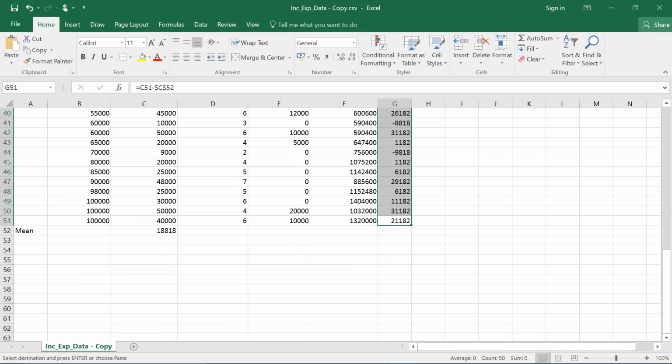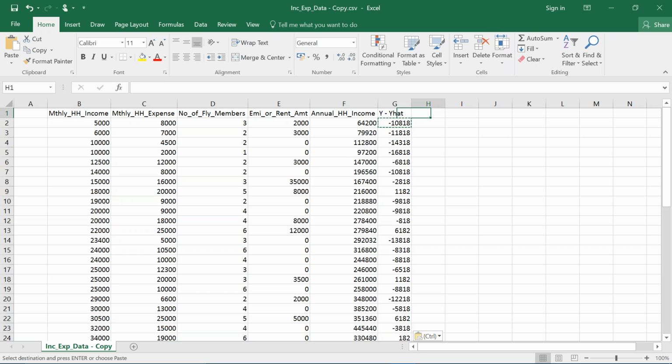So I've got this formula, y minus y hat for all of them. But actually what I want is y minus y hat the whole squared. So what I can do is simply square this.